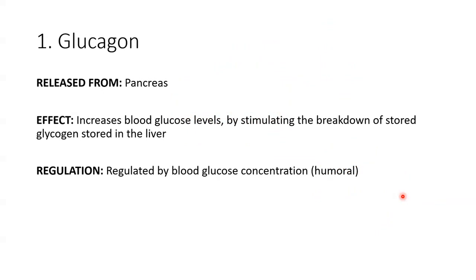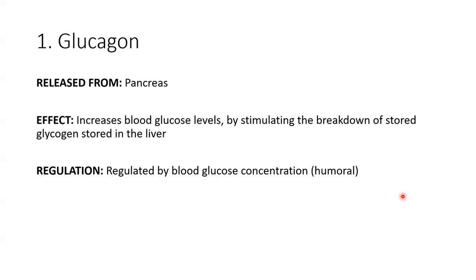The principal action of glucagon is to increase blood glucose levels when they fall below normal. So low blood glucose, or hypoglycemia, will stimulate the secretion of glucagon from those alpha cells of the pancreas. Glucagon acts on liver cells to accelerate the conversion of glycogen into glucose, as well as the formation of glucose from things like lactic acid and different amino acids.